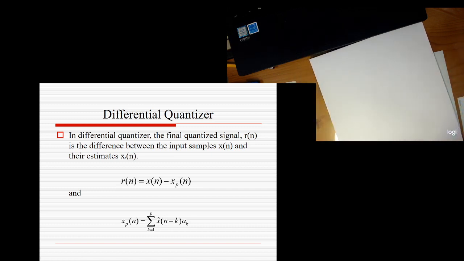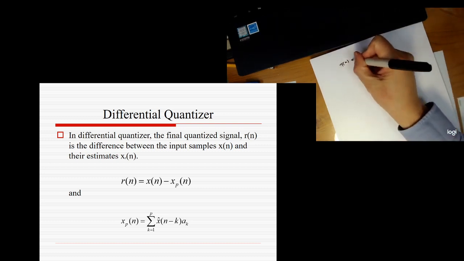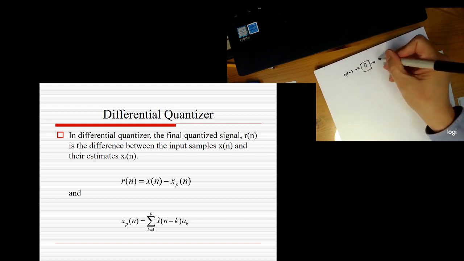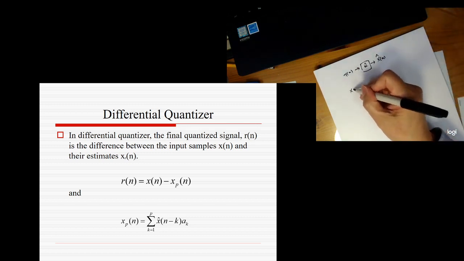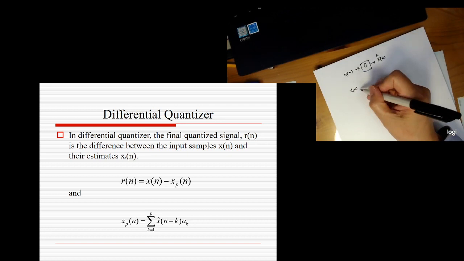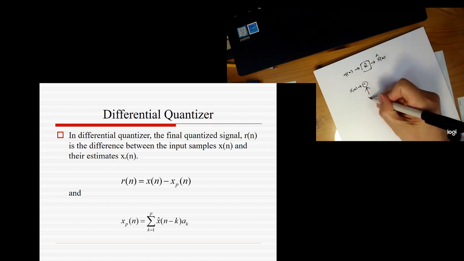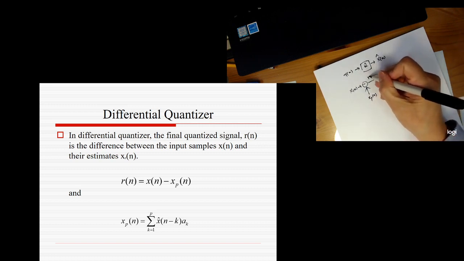So you have to know S of n. If we quantize, we can get S hat of n. So before we quantize, we want our S of n minus the subtraction of our prediction SP of n, and then we get R of n.